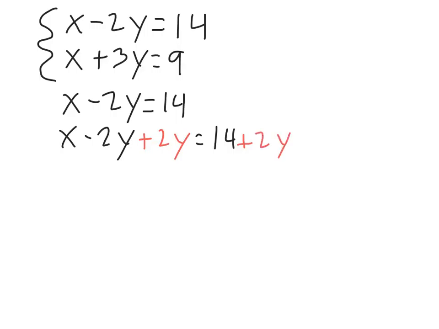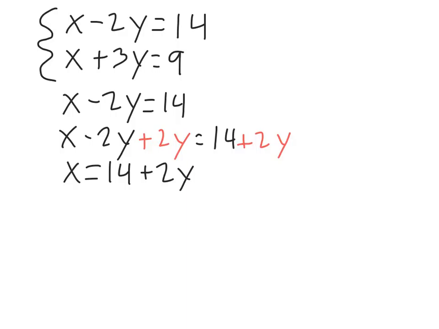We add 2y to both sides, and that'll give us x equals 14 plus 2y. And if you want to say 2y plus 14, that's perfectly fine. We've been putting variables at the beginning with graphing, so if you want to do it that way, be my guest. So now we've got x equals 14 plus 2y.